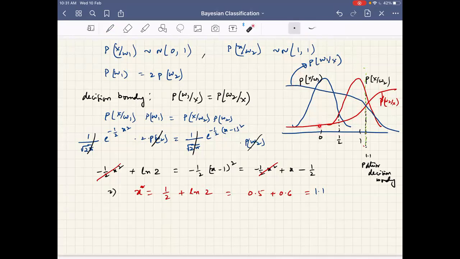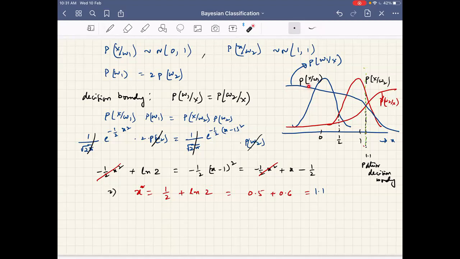Why I plotted in this way is, as somebody said, at any x, if I sum these two, I should get equal to what? P of omega 1 given x plus P of omega 2 given x should be equal to 1. That's what I'm trying to ensure.